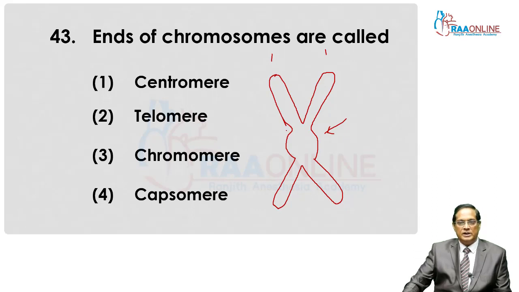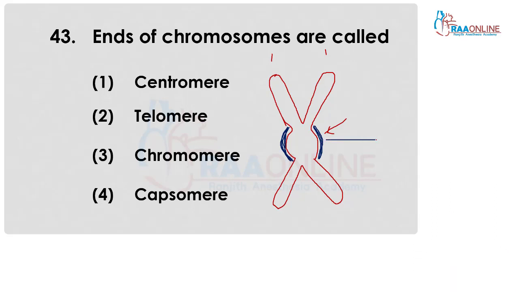On centromere, there is a disc-like structure that is known as kinetochore. It is a proteinous disc-like structure, and it is the site of attachment of spindle fiber.